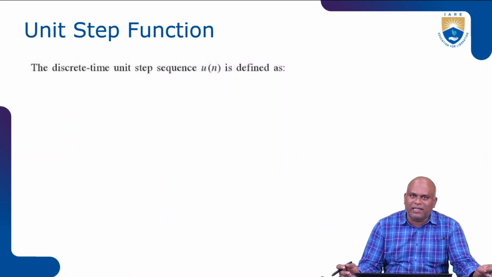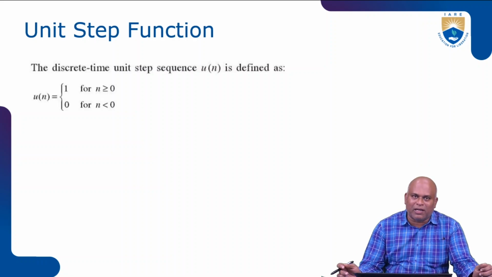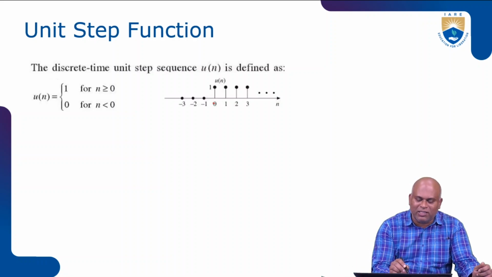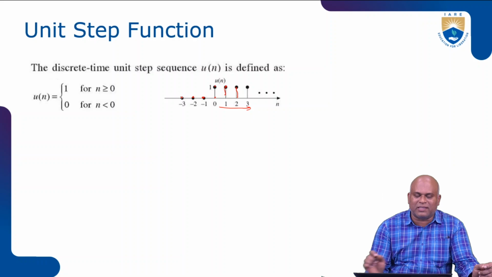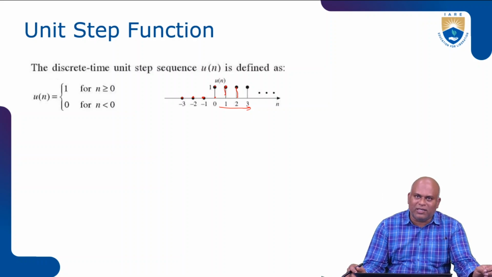The discrete time unit step function u of n is defined mathematically as u of n equal to 1 for n greater than or equal to 0, and 0 for n less than 0. Graphically, when n is 0, the signal is unity. Then for all positive discrete values 1, 2, 3, the signal is unity. The remaining negative portion is all represented as 0. This is the unit step function.